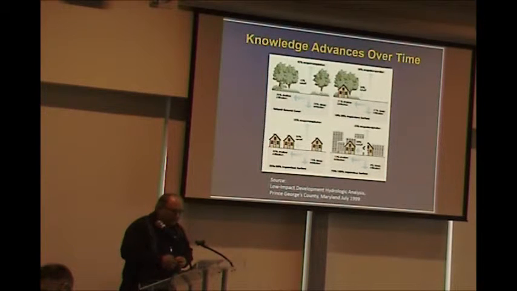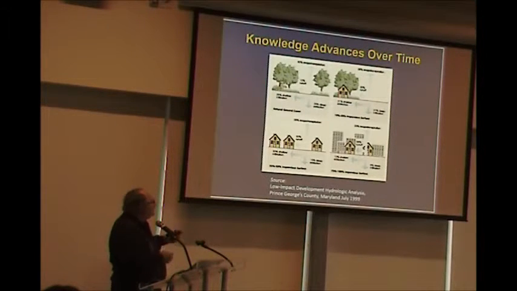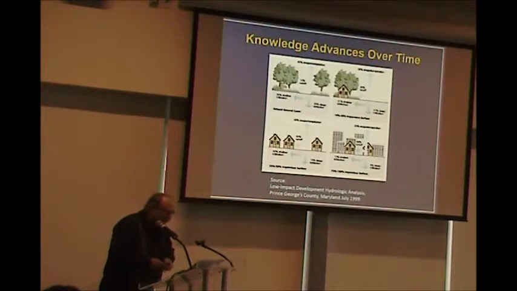So, knowledge changes over time, or as we learn. In 1999, Prince George's County in Maryland published this, and you'll see this in a lot of places. What people see on the upper left is 10% runoff, and they focus on the 10% runoff. 25% deep infiltration, well, that's to the saturated aquifer.